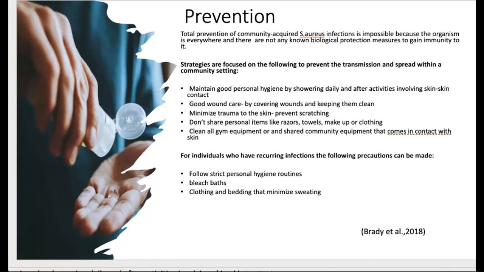Clean all gym equipment or any equipment that's shared and touches the skin. And then for individuals who have recurring infections, there's other precautions that should be made, which should include following a very strict personal hygiene routine, even some bleach baths, and clothing and bedding that minimize sweating.